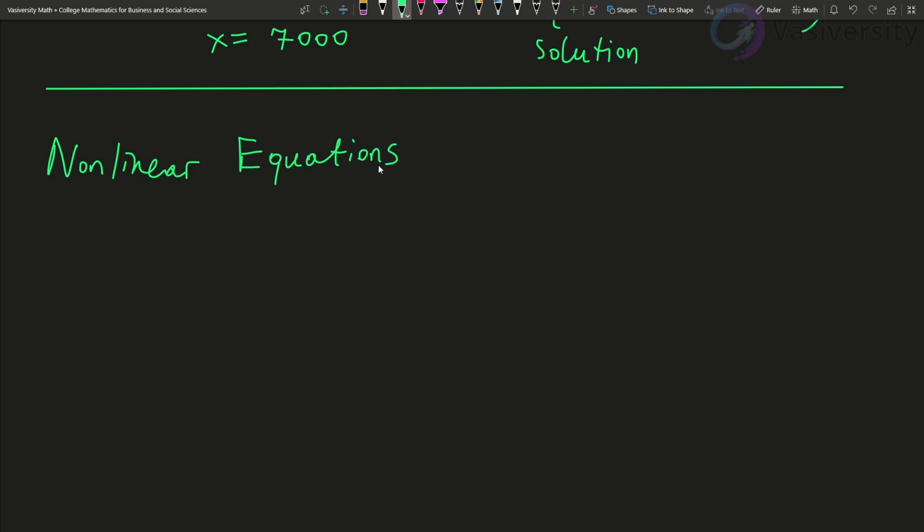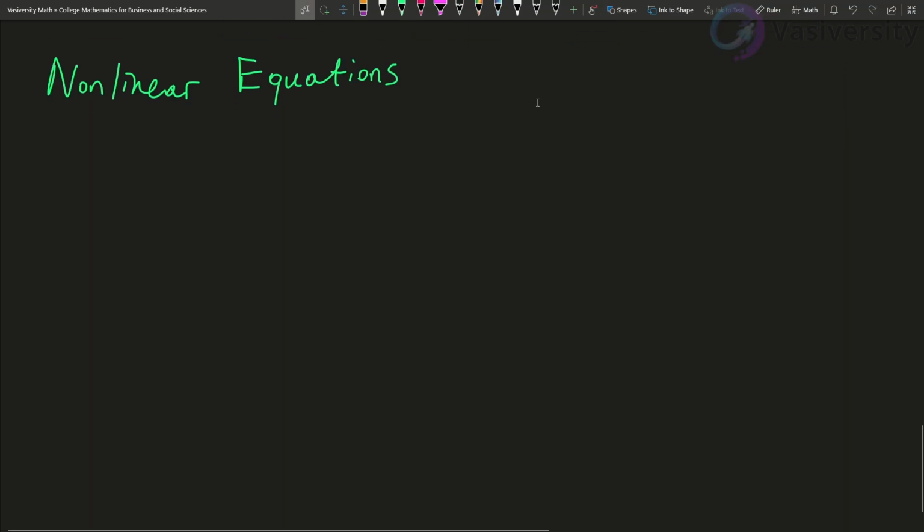But they become much more difficult because substitution will not work as a general method, because sometimes it's really hard to solve for the variable when you have a nonlinear equation. So a simple nonlinear system where we can use substitution is when one equation is nonlinear and the other equation is linear. Okay?